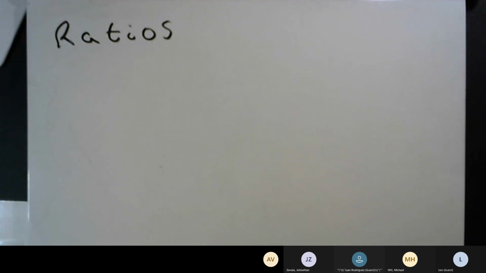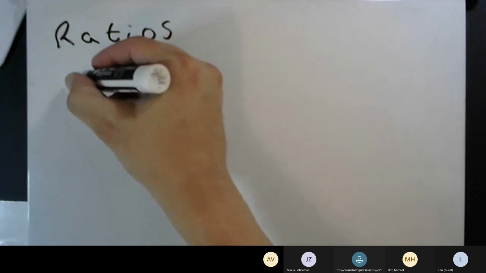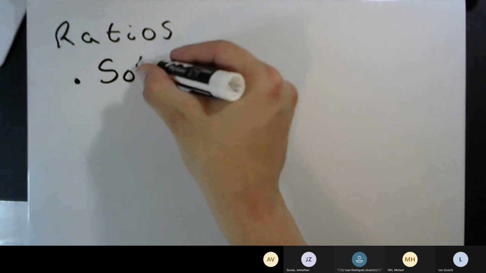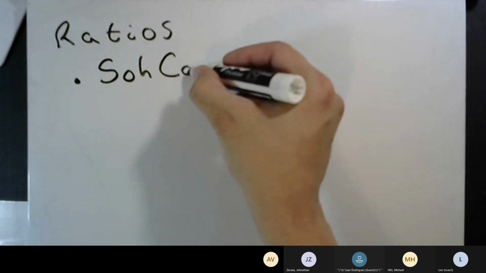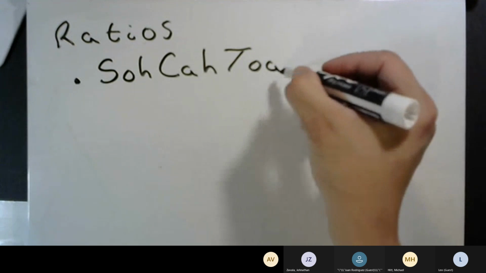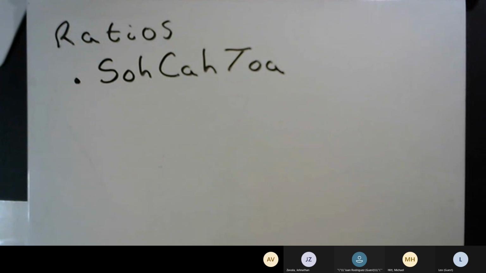Looking at section 10.2, we're going to be calculating ratios. And you might have heard of what's called SOHCAHTOA. We're going to get into this.